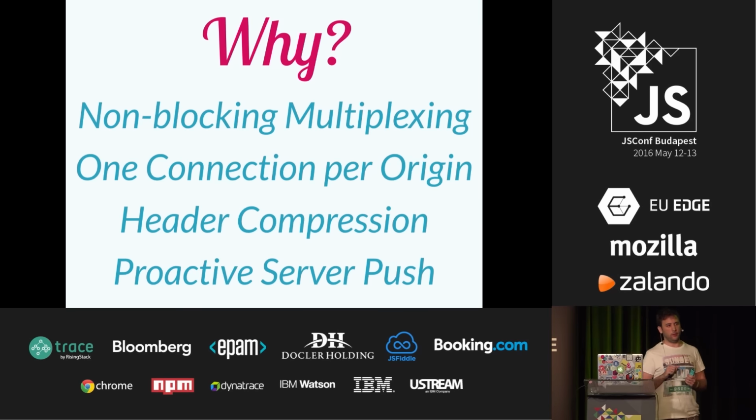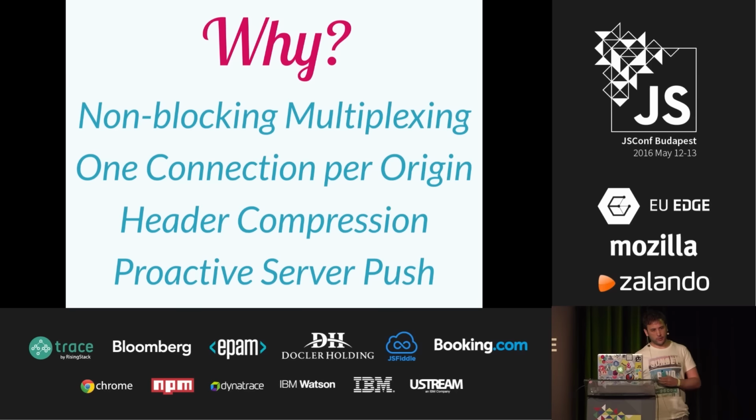Some of them are non-blocking multiplexing, and this basically means that you can reuse a single connection for the whole origin and send all of the requests through that. And it also has header compression, which basically saves even more bytes by not sending the cookie headers, for instance, when they're the same as the last request and whatnot.